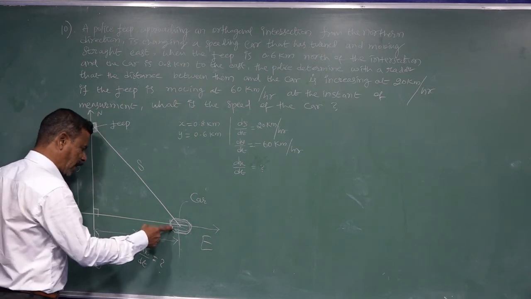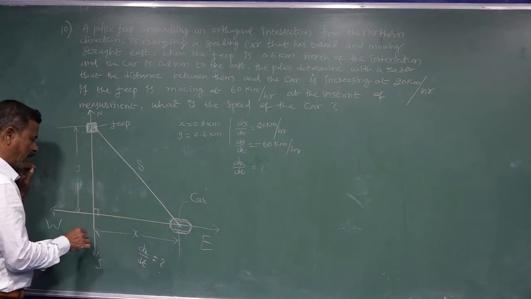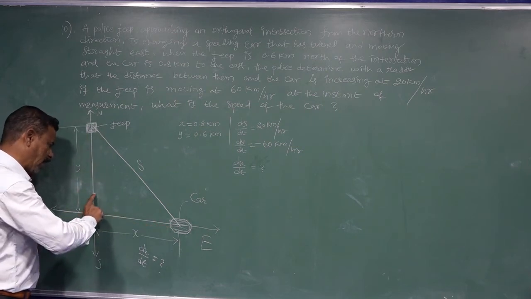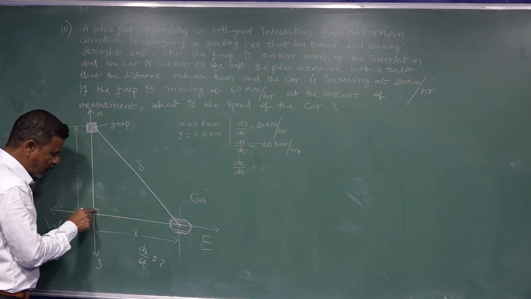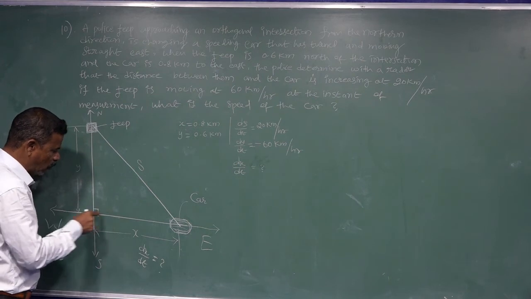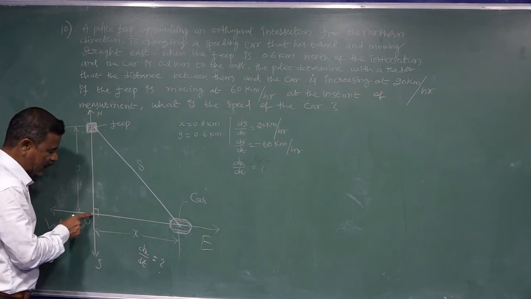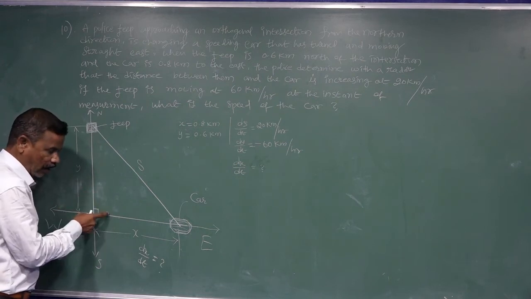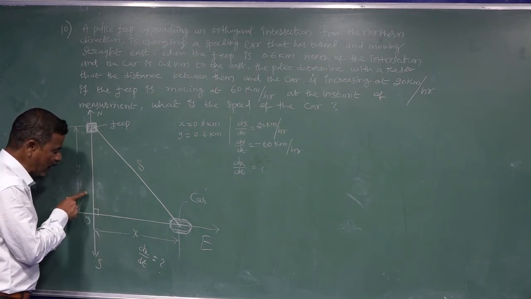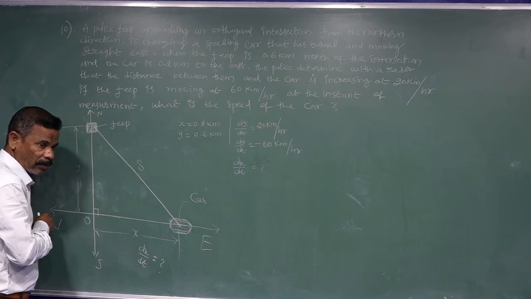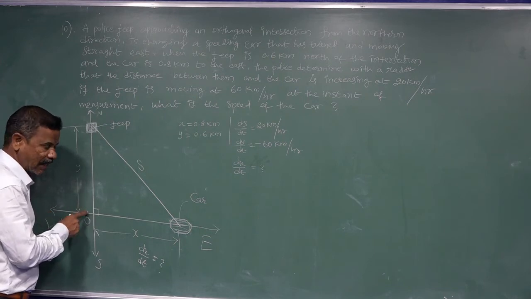This is the x and this is the y, the x direction and y direction. This is the origin, so here it is 90 degrees. That's why these two lines are orthogonal. Orthogonal means 90 degrees. This point is the orthogonal intersection.